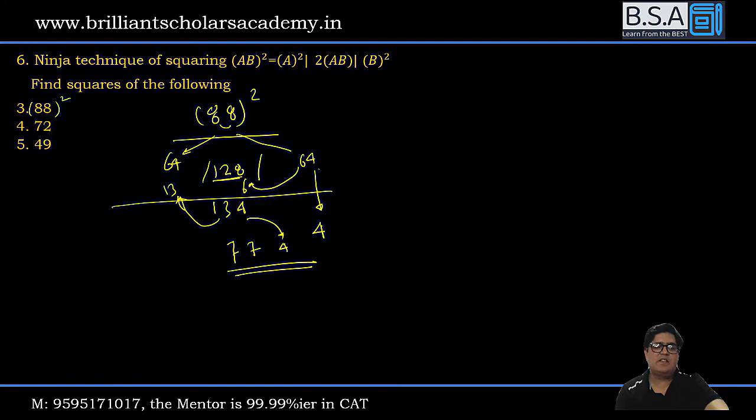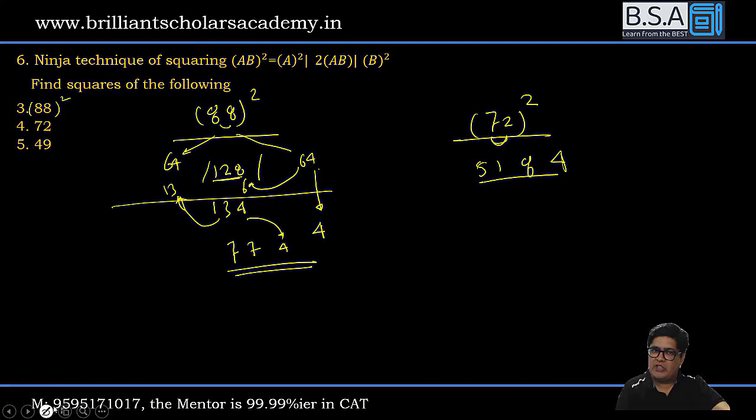That becomes 7744. You want square of 72? 2 square 4. Multiplication 14, double 28. Carry over 2. 7 square 49. 49 plus 2. Always, if it is possible for you, you have understood the method, you have understood the approach, start from right side. You will not have to write anything.